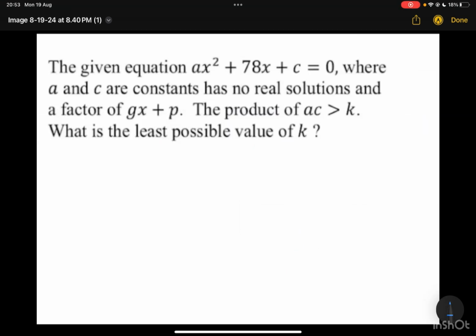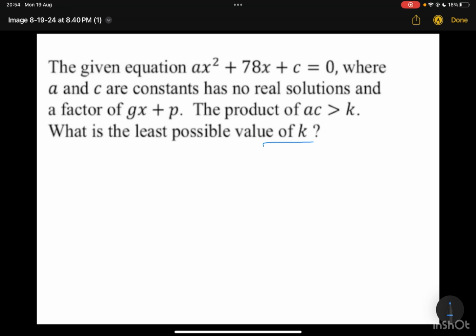The given equation ax squared plus 78x plus c equals 0, where a and c are constants, has no real solutions. The product of ac is greater than k. What is the least possible value of k? Okay, so there are three discriminant values.